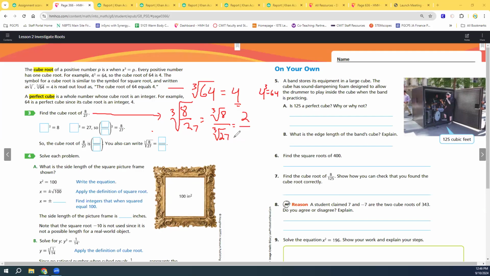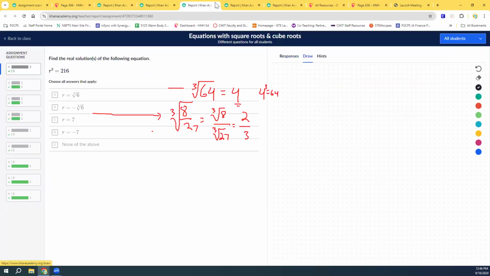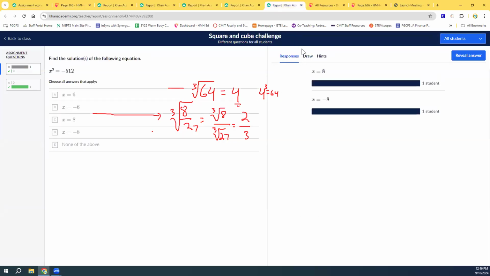And what about the cube with the volume of 27? It had an edge length of 3. Okay, so that is like the conceptual understanding of cubes and cube roots. And it's really important because we want you to not only be able to get the right answers, but really understand it.